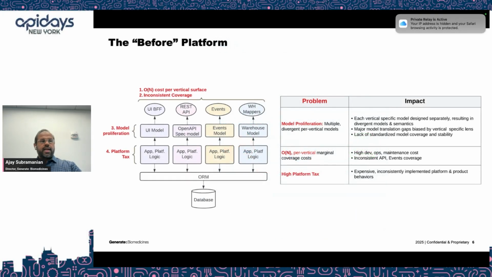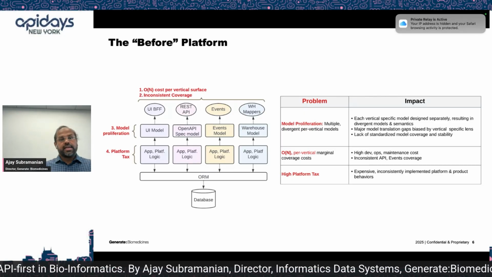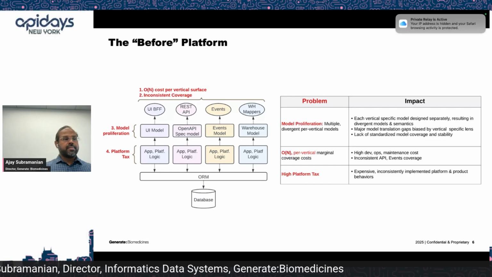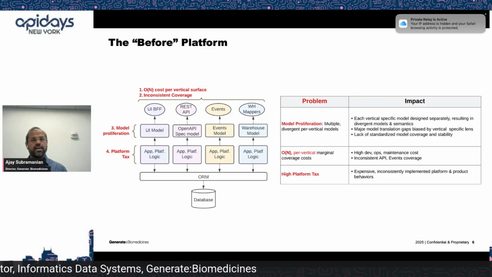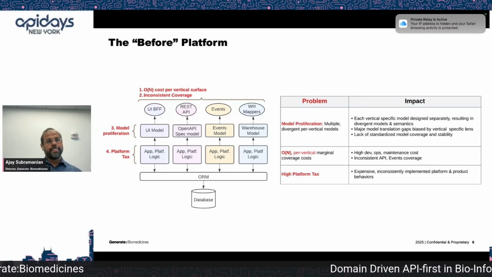So let's take a look a little bit more deeply at how these show up in the platform, right? The platform had evolved over several years into 4 distinct product silos. This meant that adding a new entity to the platform meant it had to be implemented separately for each vertical, from the database layer to the presentation layer, right?